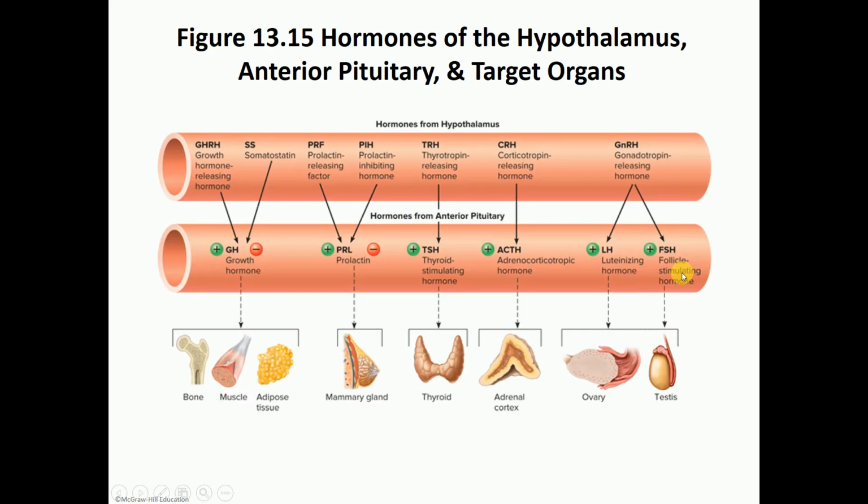Sometimes they have different names, but they're the same hormones. And FSH stimulates the production either of the eggs or the sperm, while LH is going to stimulate the ovulatory process, so stimulate ovulation and the release of progesterone from the ovaries, while in males LH will stimulate the testes to secrete androgens.